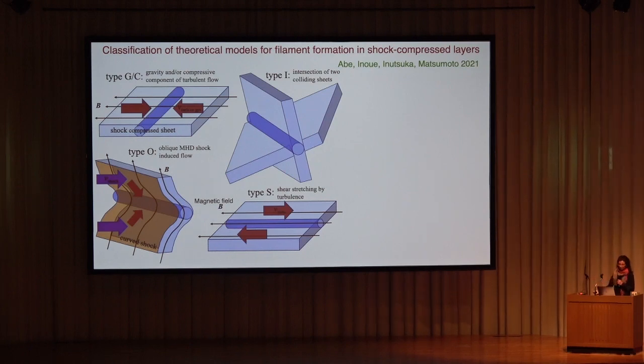So it's actually possible to disentangle these two types of filament formation from observations, because they have characteristic velocity structures. Here I have a slide on this.